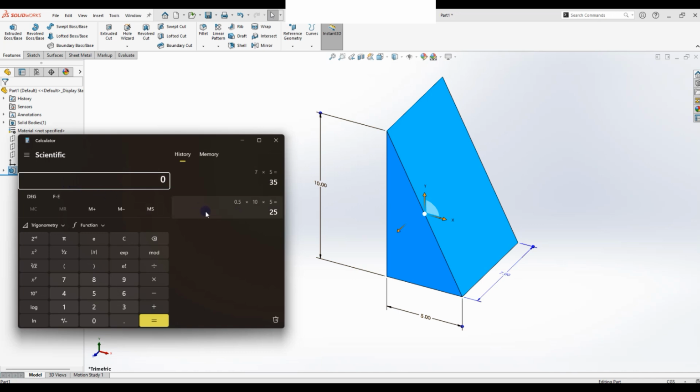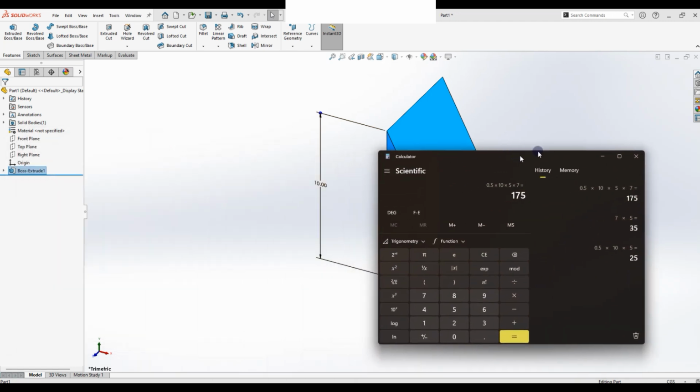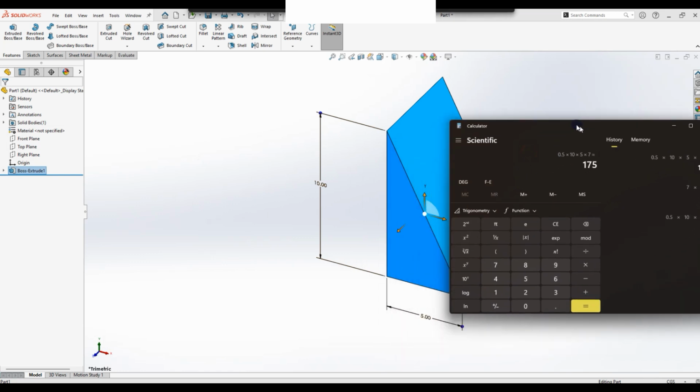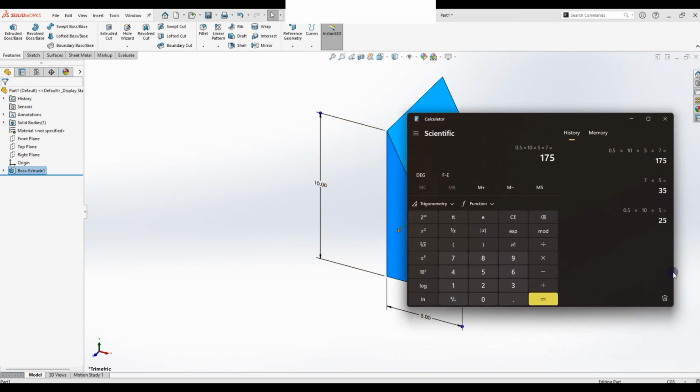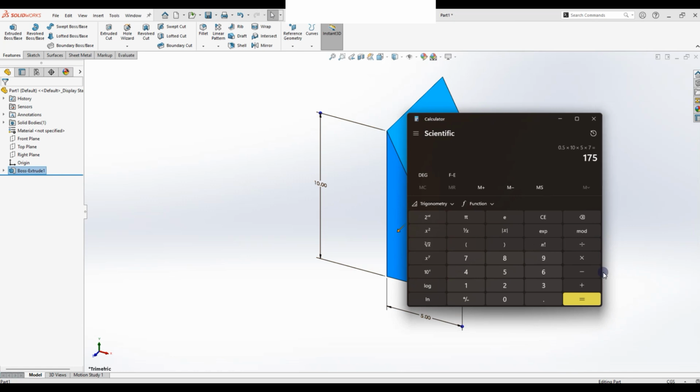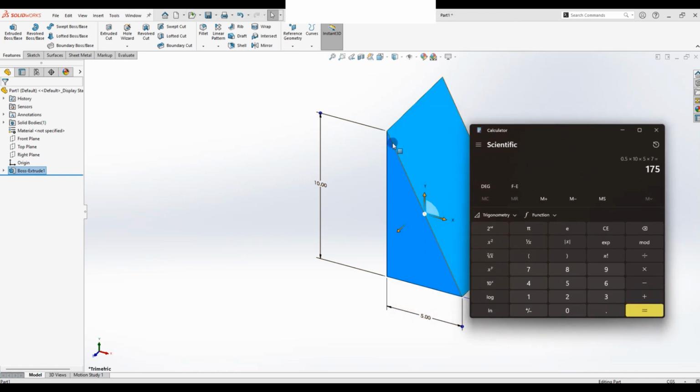Sorry, let's find out again. 0.5 into 10 into 5 into 7. We got 175 centimeter cube. Okay, this is the volume of the triangle theoretically.